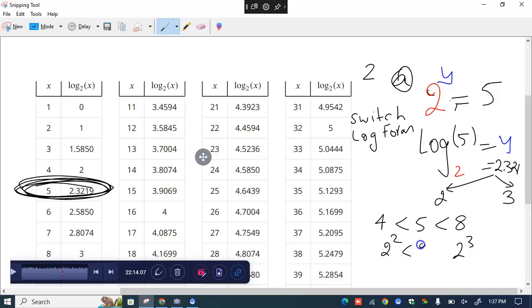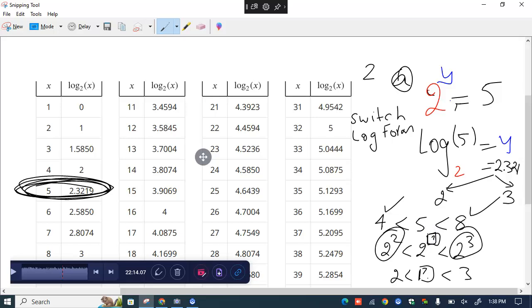So whatever the question mark is, it has to be between 2 and 3. It's nice to understand between which two whole numbers the answer lies, and because 4 and 8 are 2 squared and 2 cubed, the answer has to be between 2 and 3.